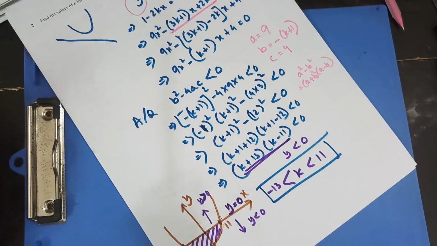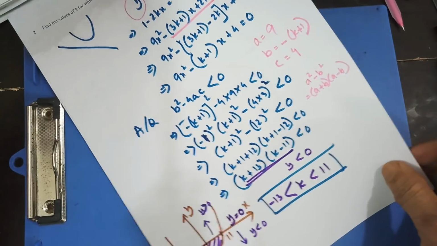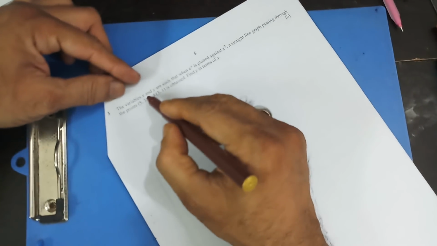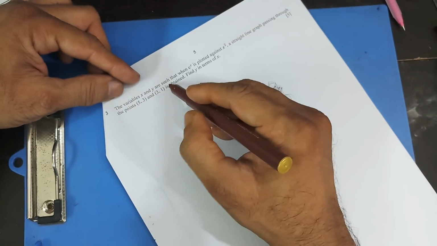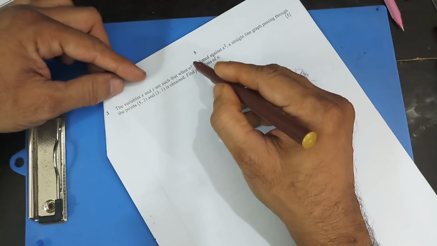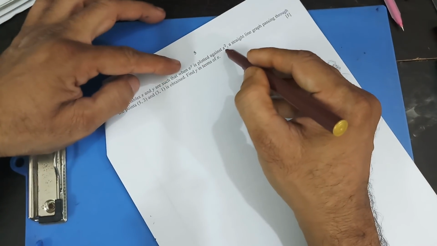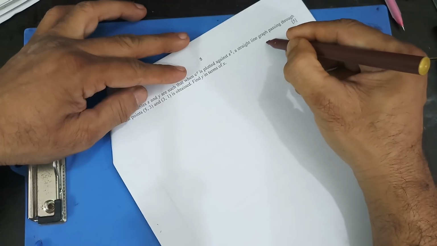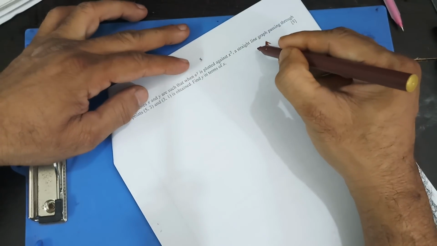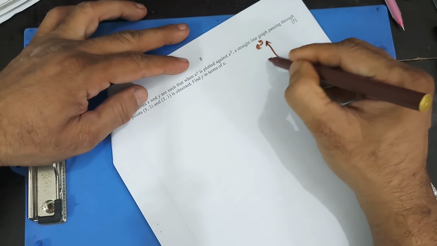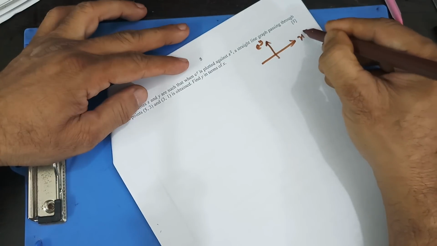All right, now question number 3. It says that variables x and y are such that when e to the power y is plotted against x squared, I'll just show you what they mean. E to the power y is the vertical axis, and x squared is over here.